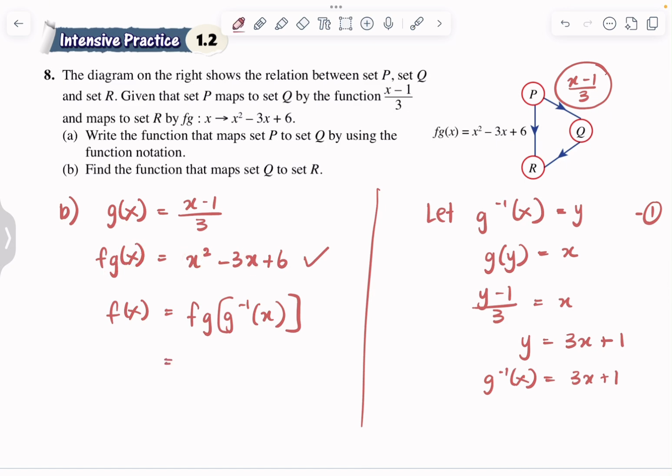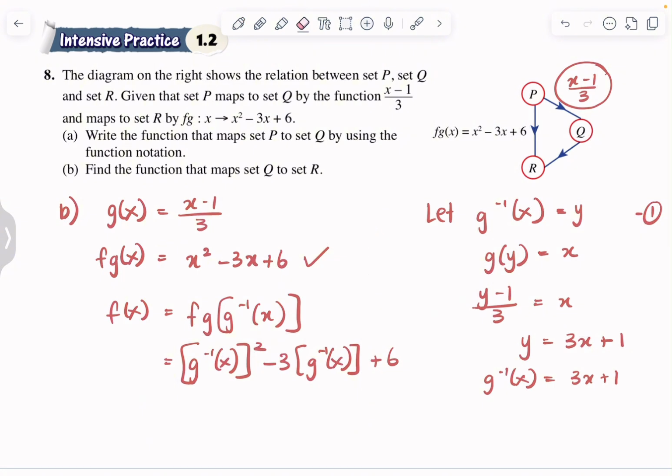So g inverse x squared, minus 3 times g inverse x, plus 6. G inverse x is 3x plus 1.